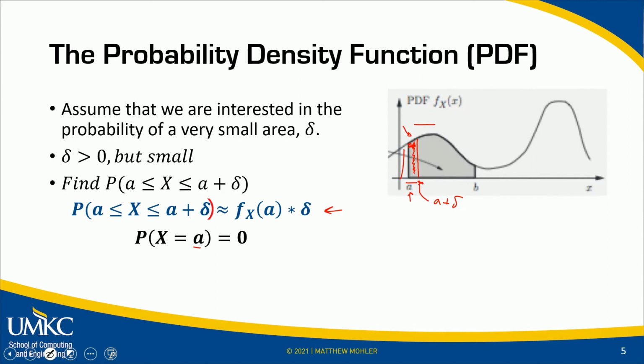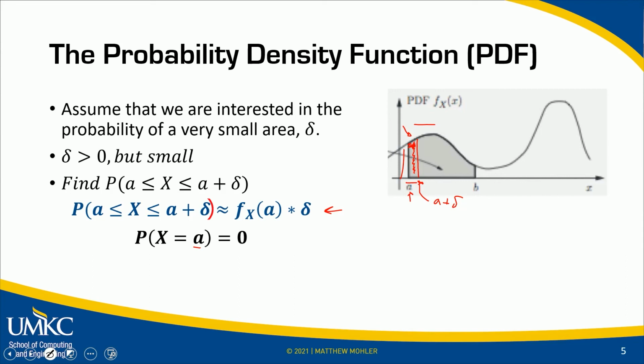Because the width of that, the actual single value of that function in a continuous random variable, is 0. Again, this is getting back to the base times height here, right? The width of that area is 0, so therefore there is 0 probability for that random variable to be equal to a specific value.